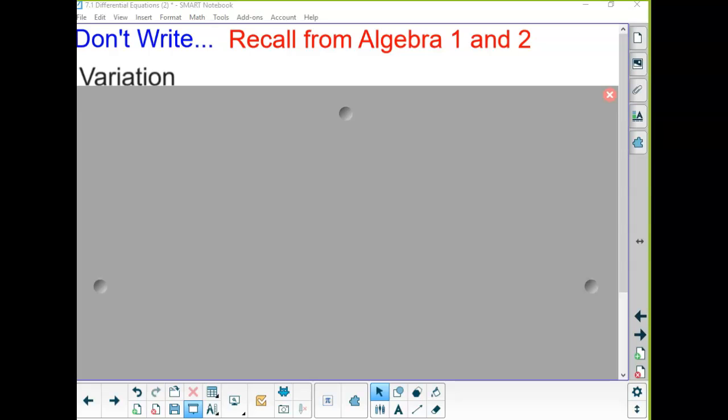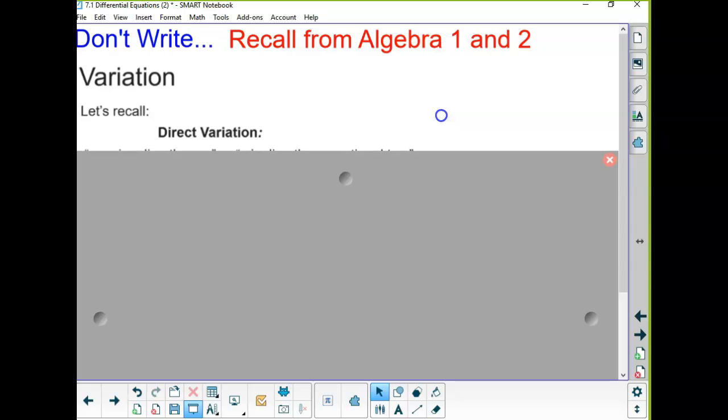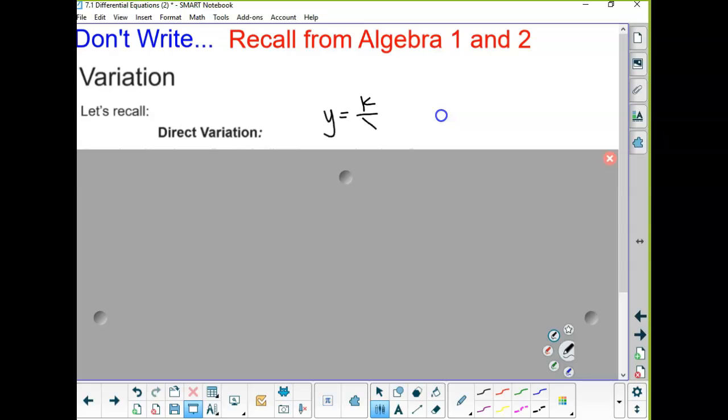But in Algebra 1 and Algebra 2, we had something called variation. And what variation was is we have two methods. We have a direct variation and we have the inverse variation. Well, the direct variation was just, simply put, y equals x times something.